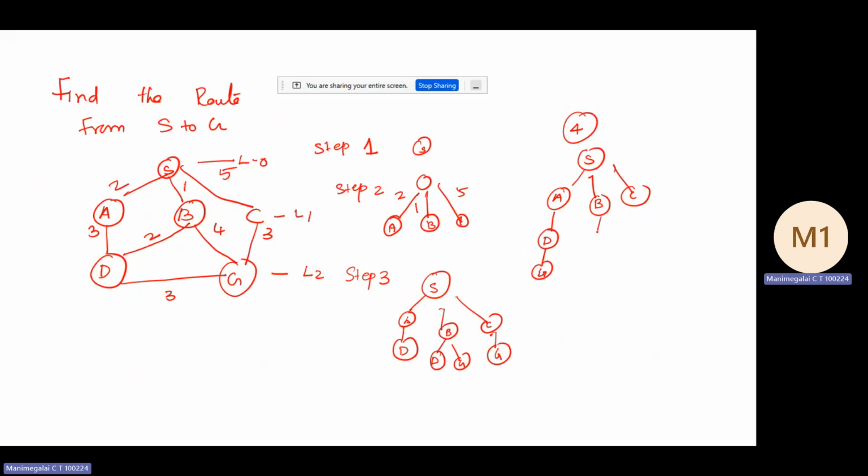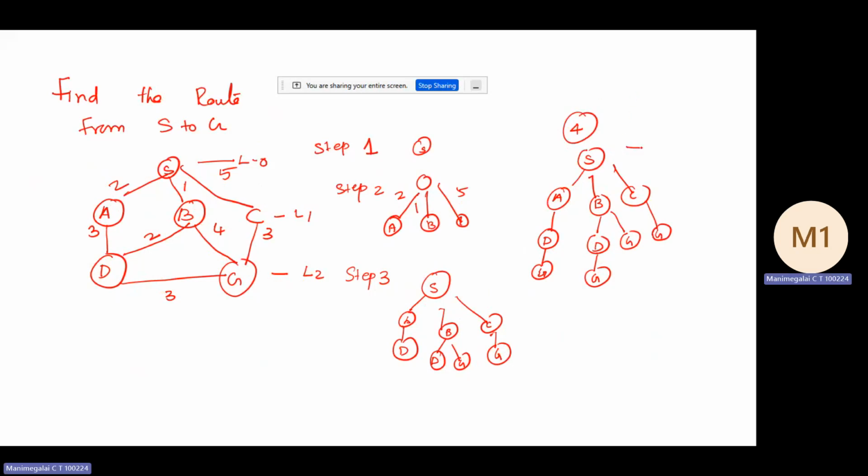And here what is B? B is connected to D, and D is connected to G. That is the next completeness. And here B is connected to C. C is connected to G, and then B is connected to G. So all the connections are over.